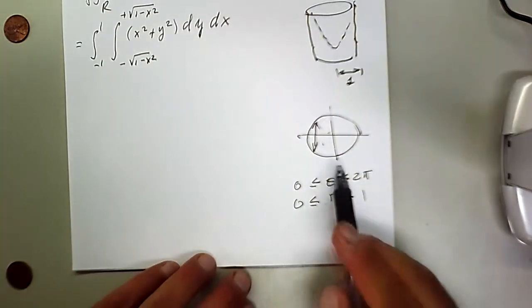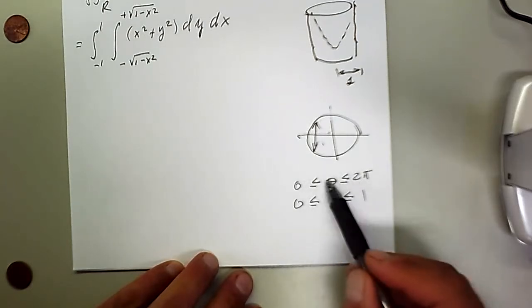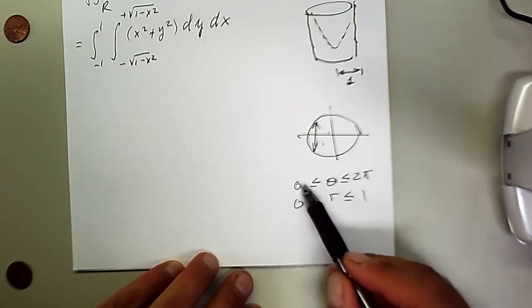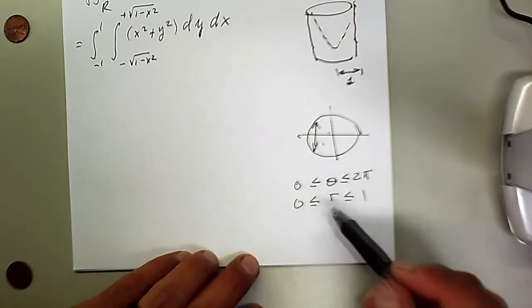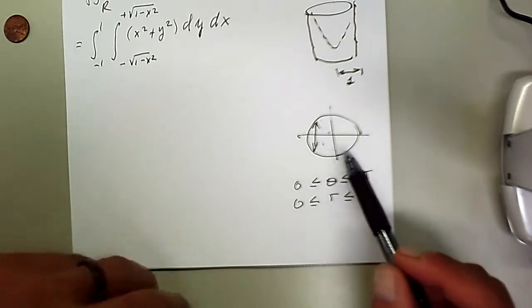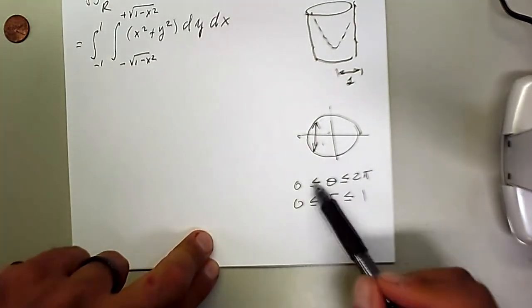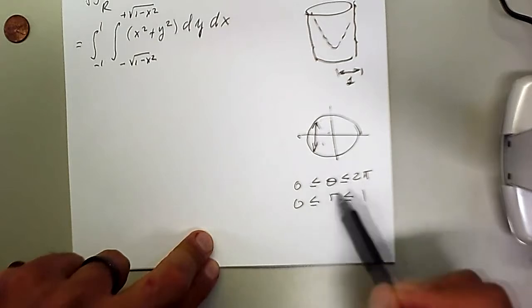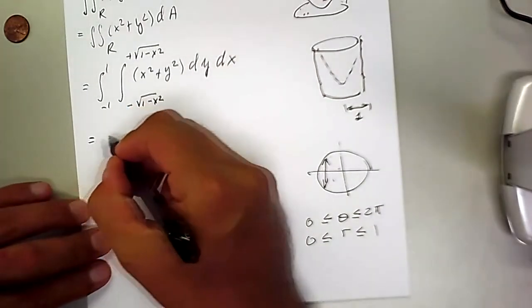So if the points in the region satisfy inequalities in which the two boundaries for the variables are fixed, not variable, then we have what I call a polar rectangle. So this is a rectangle in polar coordinates. Why? Because the variables have fixed endpoints.